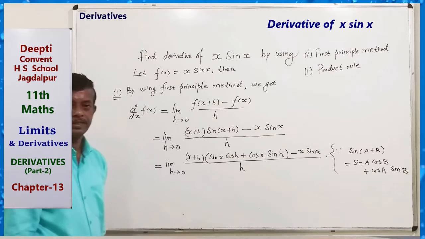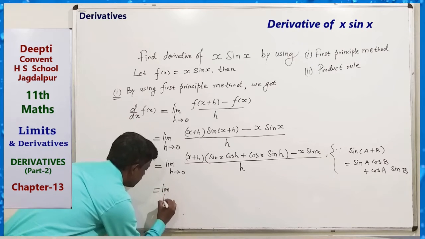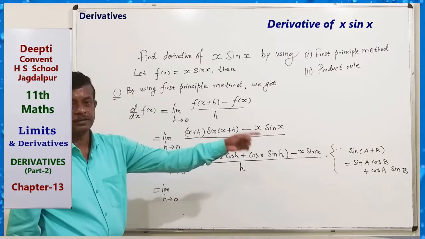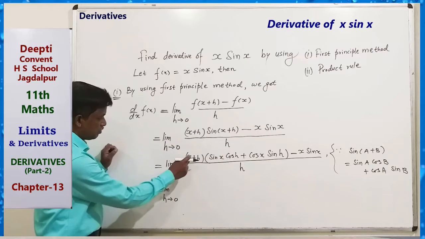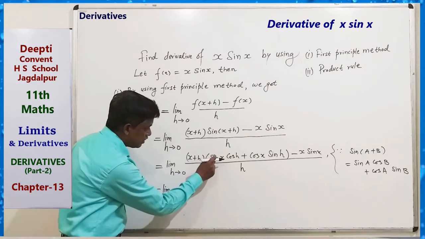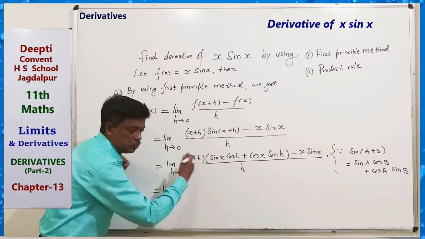Now again expand this. Limit as h tends to 0, just multiply these two.